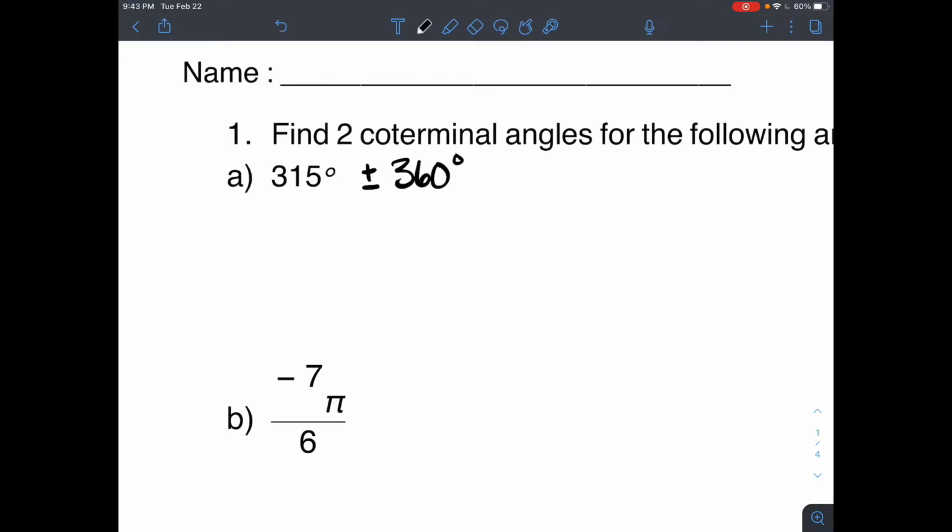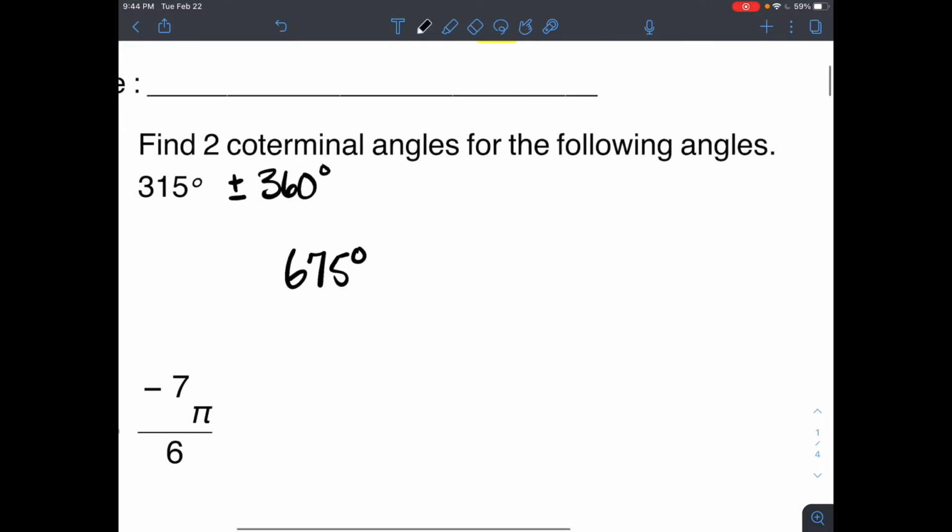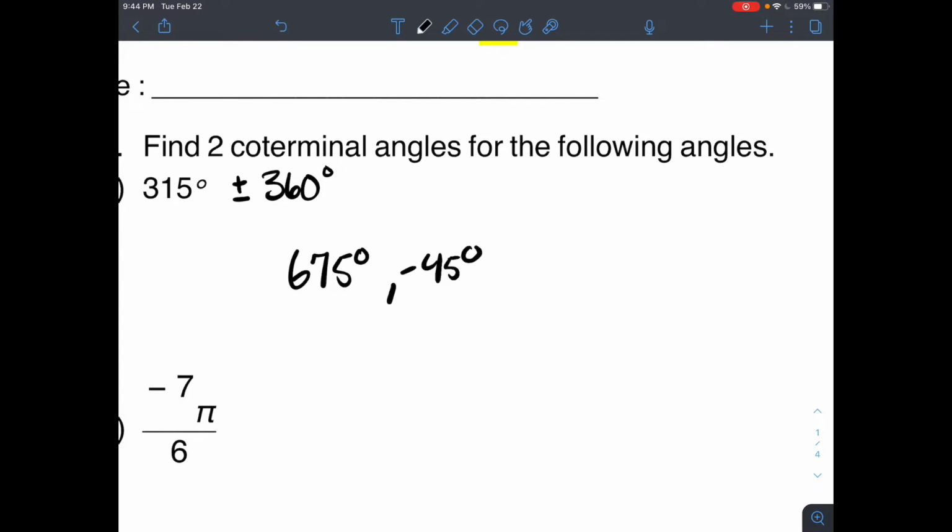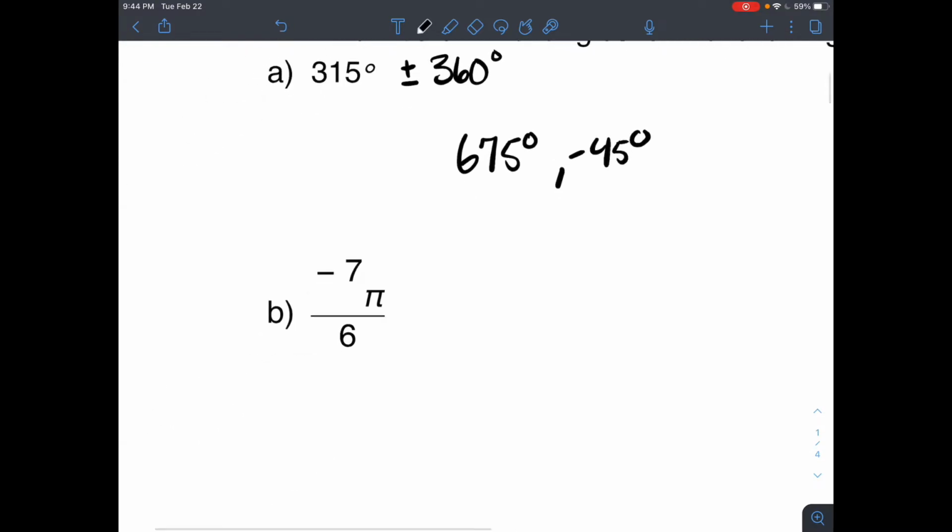So we could go 315 plus 360, and so one of our angles can be 675. And the other one, when you subtract, we can get negative 45 degrees.